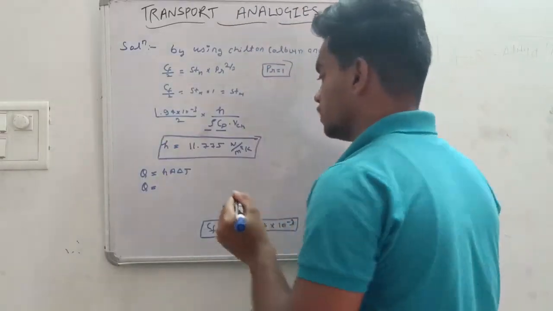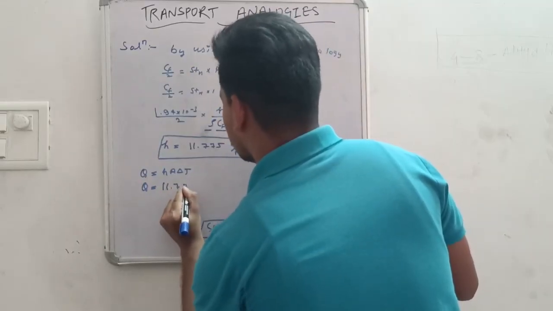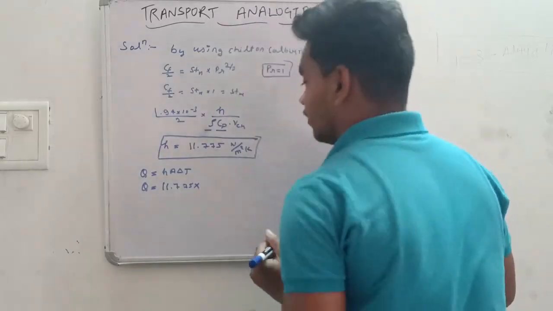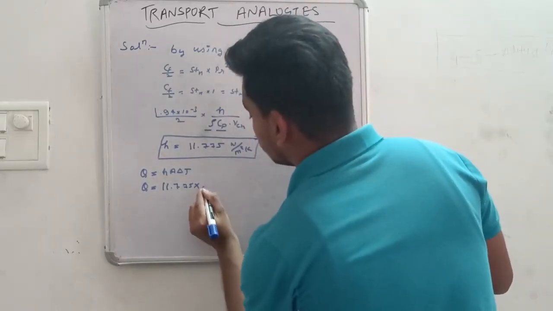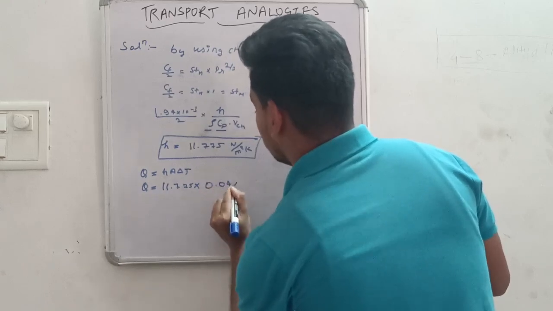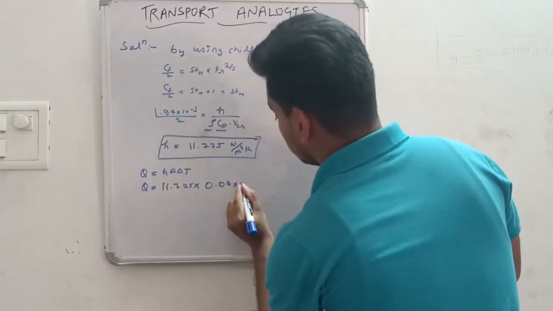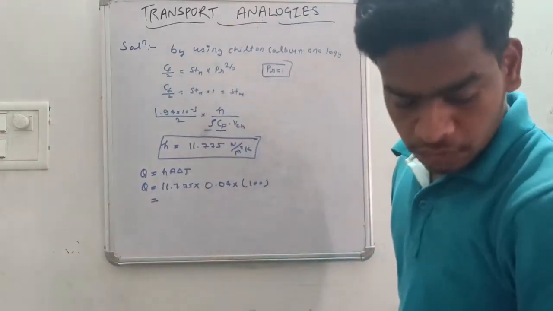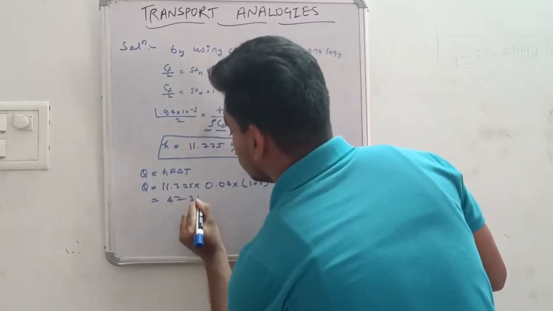We know the value of H and area and delta T. I guess I have to put all the values so that you guys will be pretty clear. So the value of H is 11.775 and the value of area we know 0.04, and the temperature difference between the flat plate and air is 100 degrees Celsius. So by calculating this, we get the value of heat as 47.3 watt.